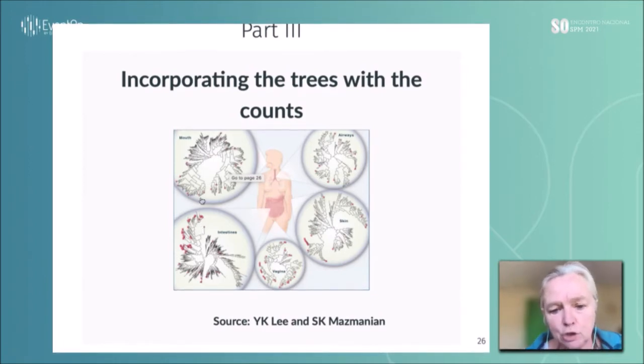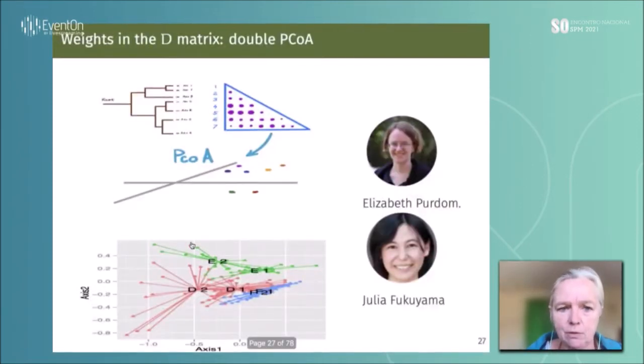We can make the tree of these bacteria, and we plotted here the pink dots for the species that were present in this person. You can be interested in representing the data, the abundances, taking into account the similarity on the tree. So we want to incorporate the trees with the counts.